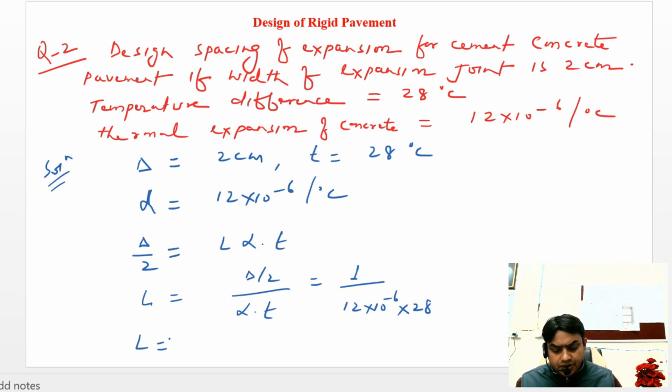Converting to meter by dividing by 100, it will be 29.76 meter, which is the spacing of expansion joints for cement concrete.